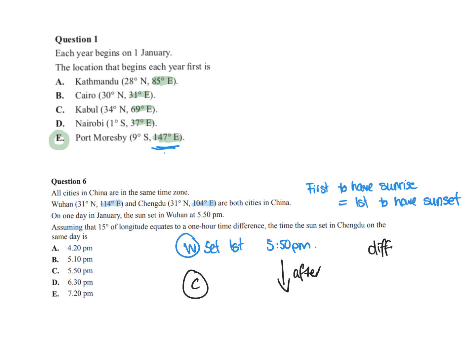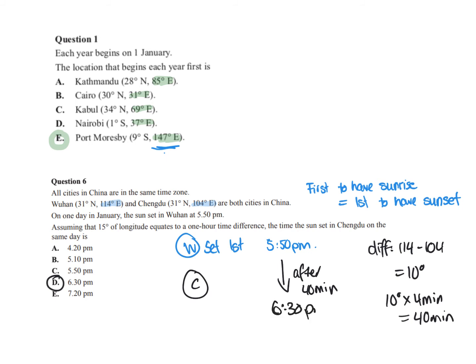If you look at the difference, it's 114 minus 104, so it's about 10 degrees difference. And if you want to just do 10 degrees times 4 minutes, that would be 40 minutes. So we know it's approximately 40 minutes after. So that would be at 6:30 p.m. Yeah, that would be when it sets in Chengdu.